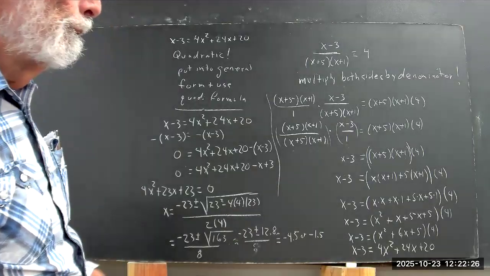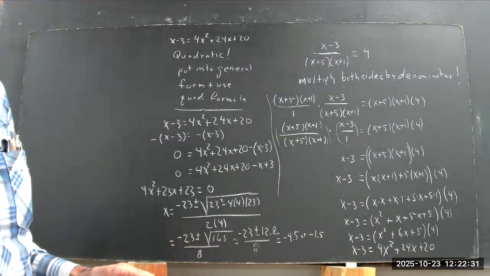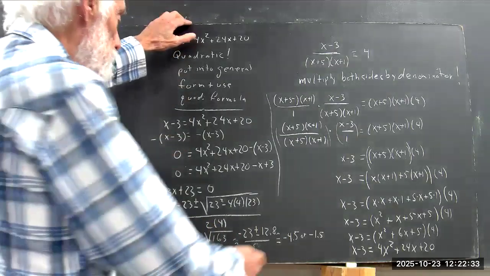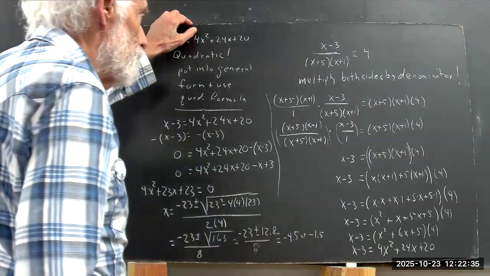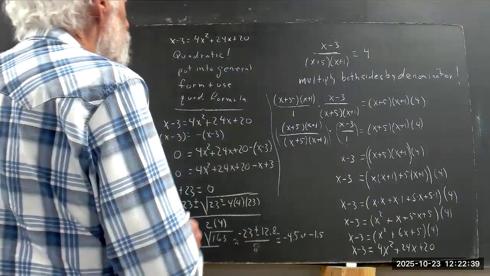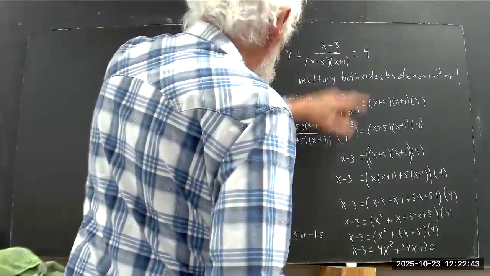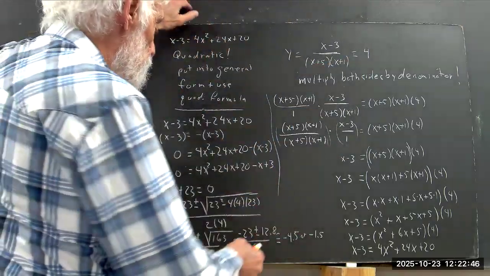The point being that by doing this process, we get solutions. And this says that y equals 4 when x is one of these numbers.